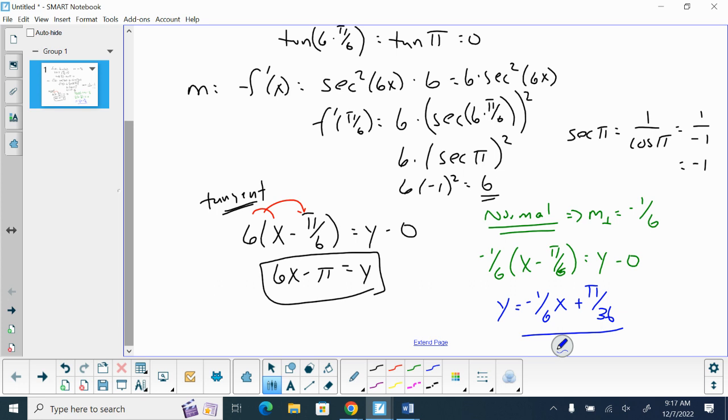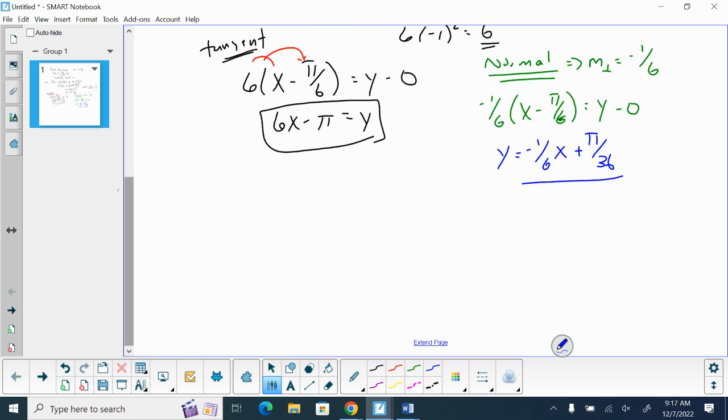The next number 7. We have to find f of x equal to secant of 2x. We have to find the value of the derivative at pi over 6.